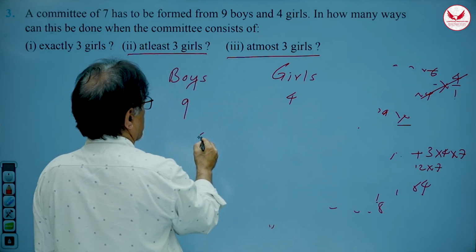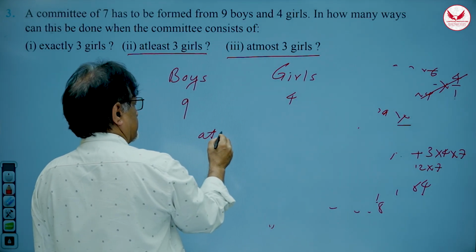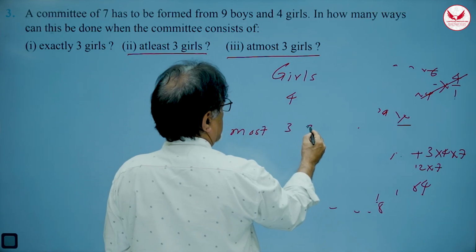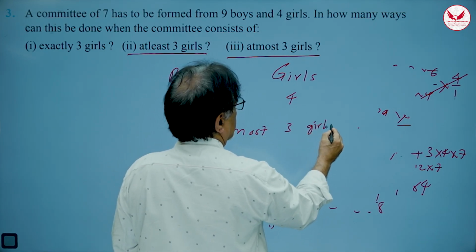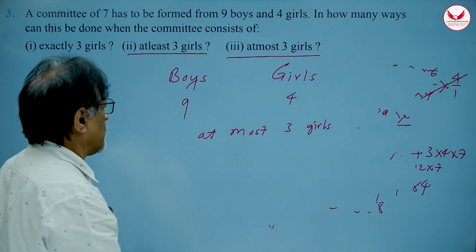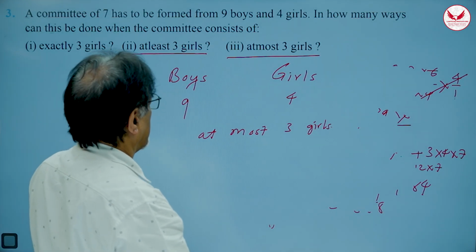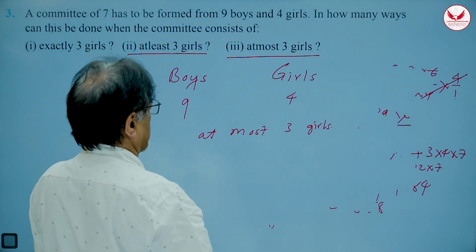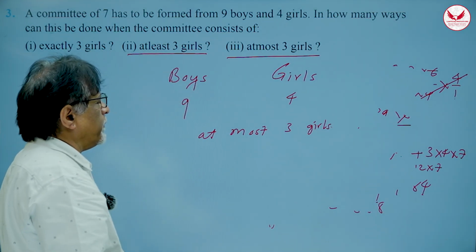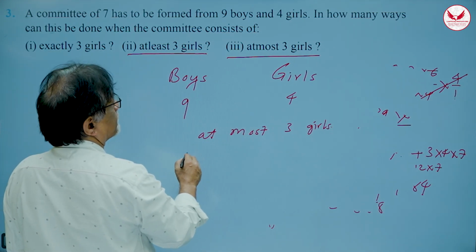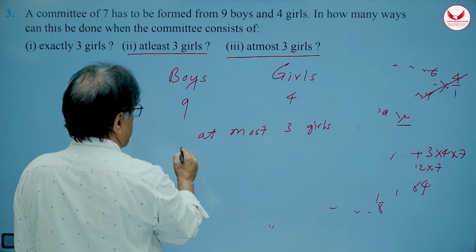Now at the most 3 girls. What does that mean? That means you are not allowed to take more than 3 girls. But you are allowed to take fewer than 3 girls. So you can take 3, you can take 2, you may not take any girls, right? So the first combination is what? All 7 boys.